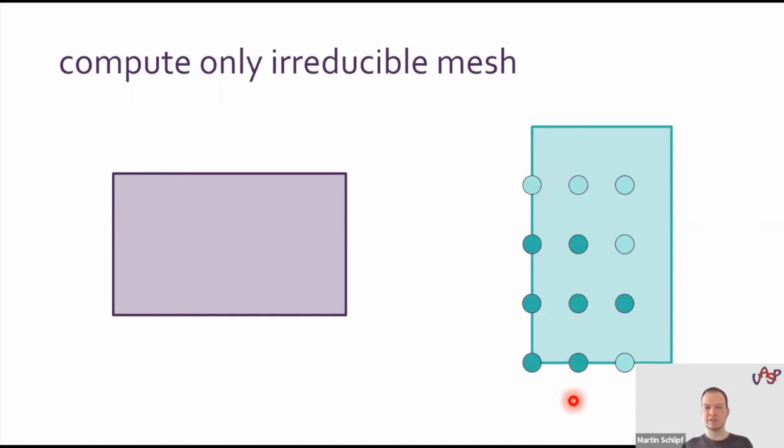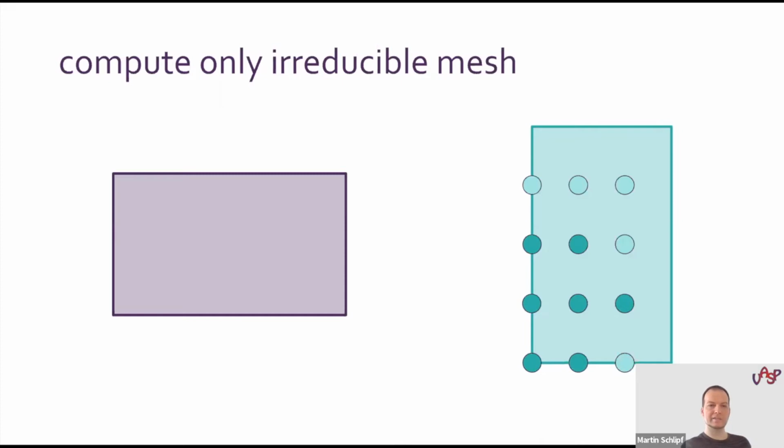Recall that the number of K-points is directly linearly proportional to the computational cost. So in this case, we more or less cut the computational cost in half, or almost in half. But there's also one more thing to consider.